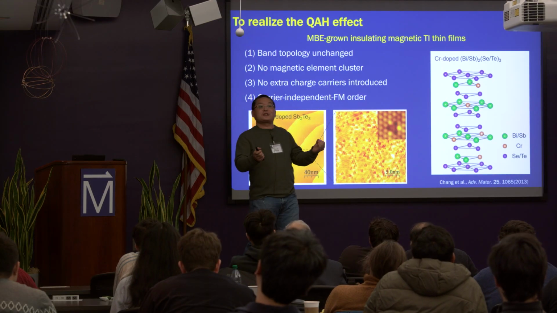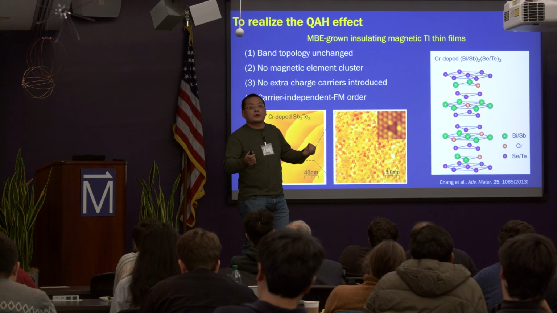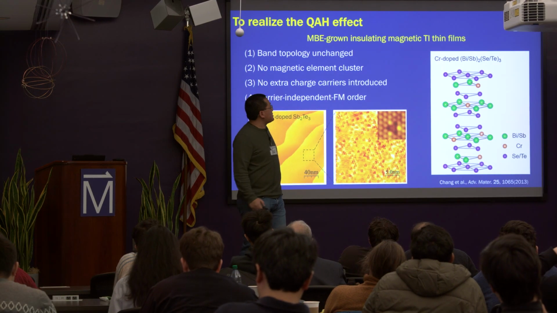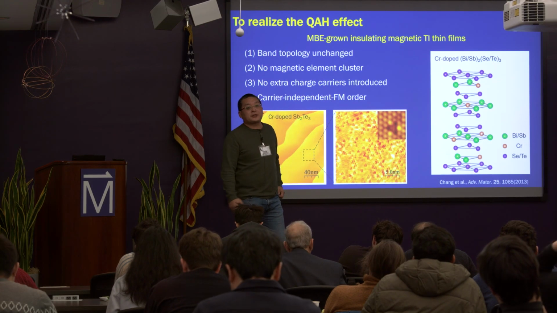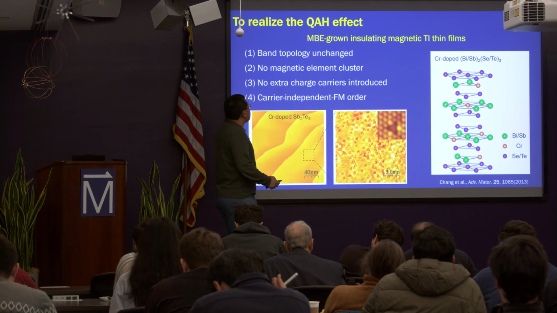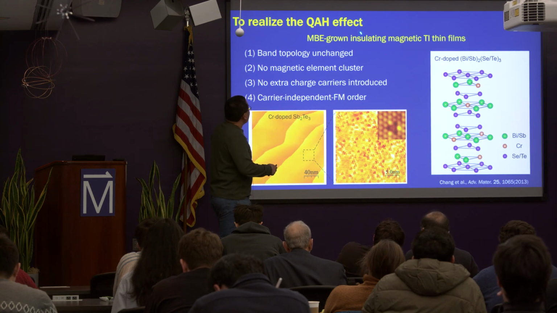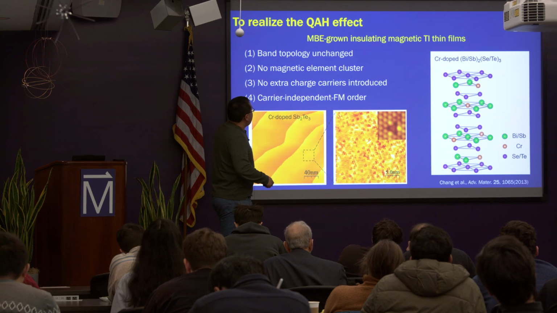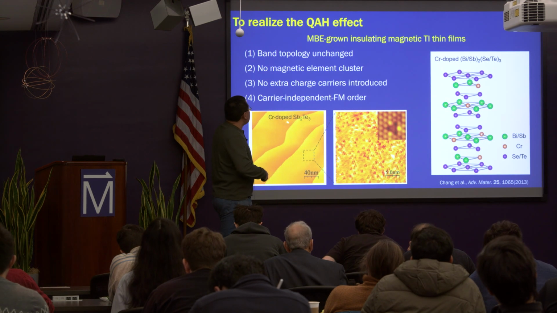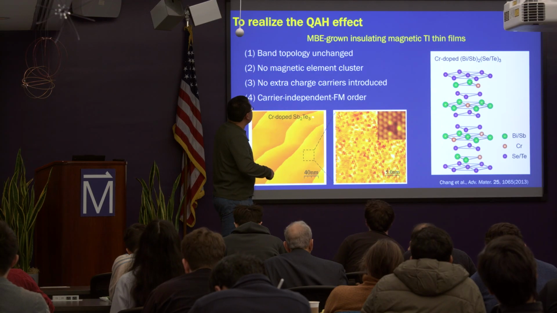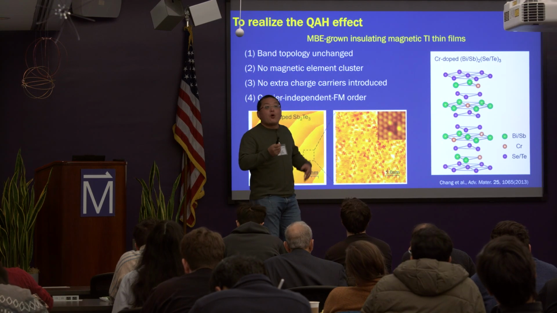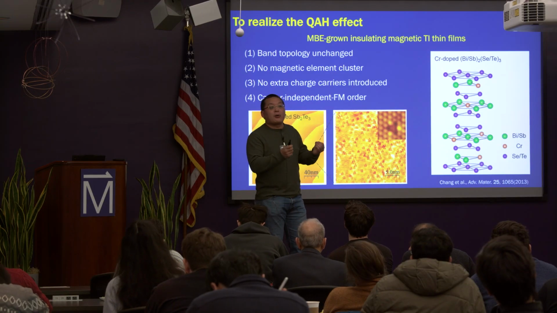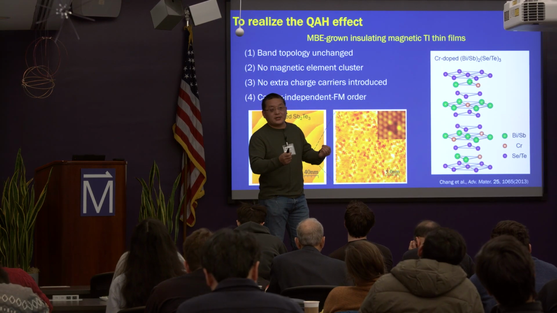How to introduce ferromagnetic order into the topological insulator film, and how to realize the insulating property of the magnetically doped insulators. When you dope transition metal into the topological insulators, the band topology must remain unchanged. We need to keep the topological property of the material.